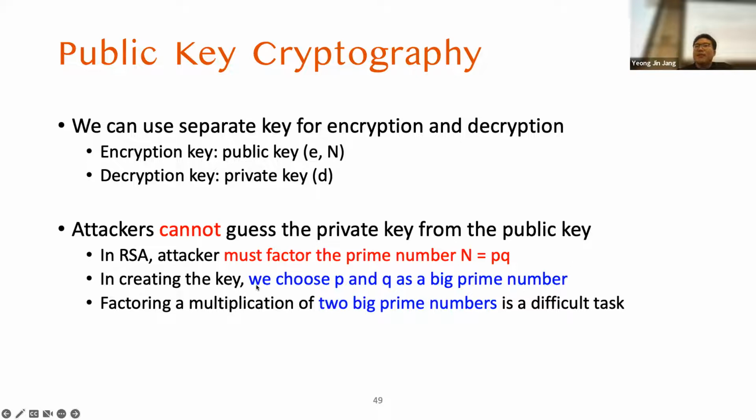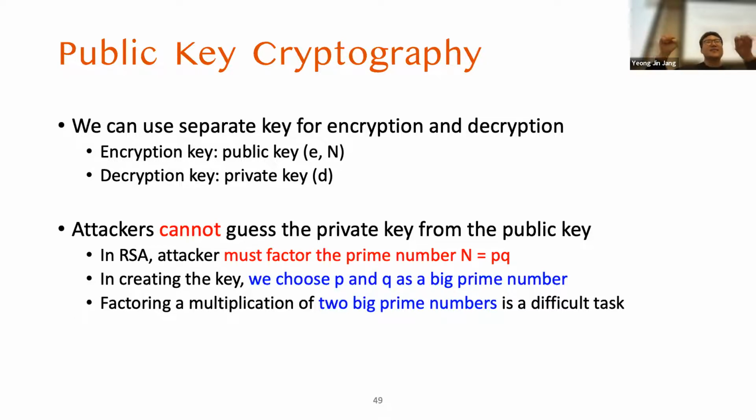In creating the key, we make P and Q both big numbers. For example, if we are creating a 4096 bit RSA key, then the requirement for P and Q is that each is at least bigger than 2 to the 2047.